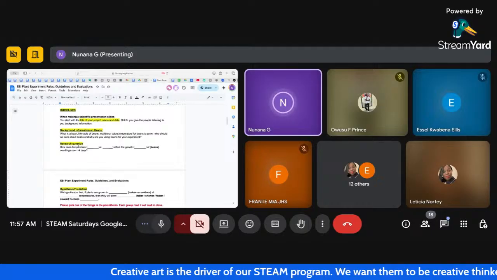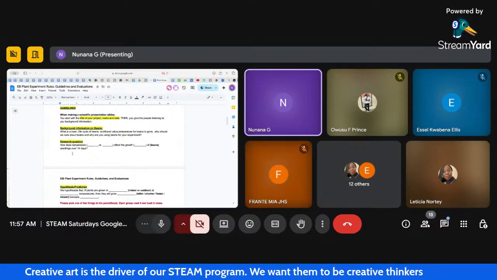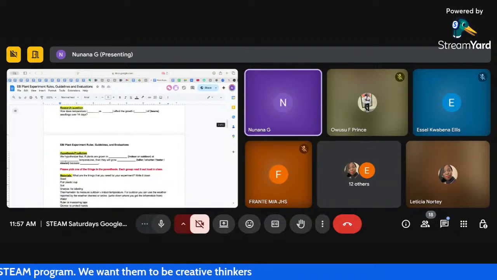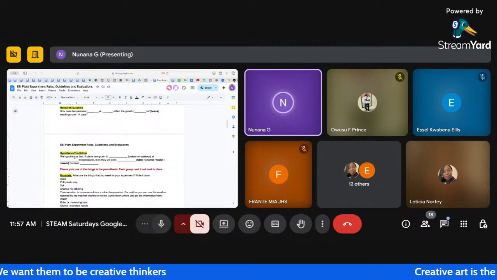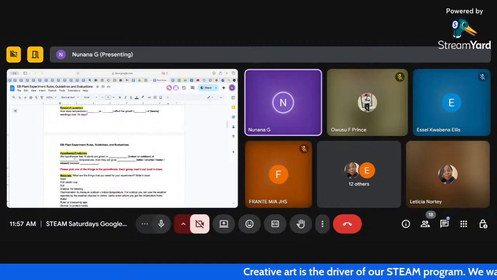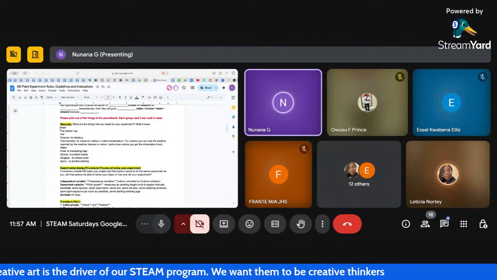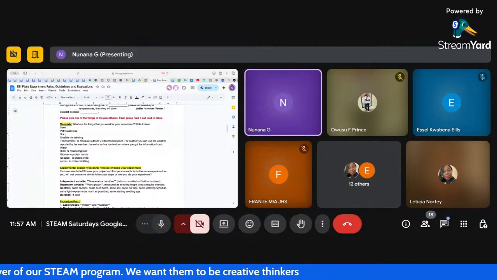How to come up with a research question? You just fill in the blanks. How to make a prediction or hypothesis? You can make your own, or if you think you can't make your own, you can use this and fill in the blank. And here are the materials, the things you need to start the experiment.